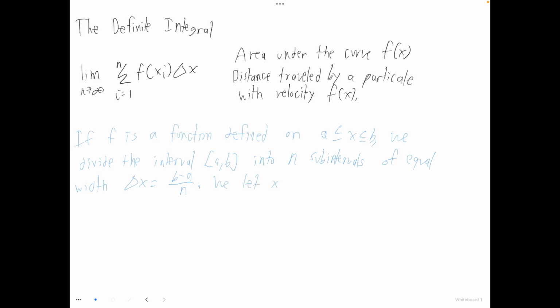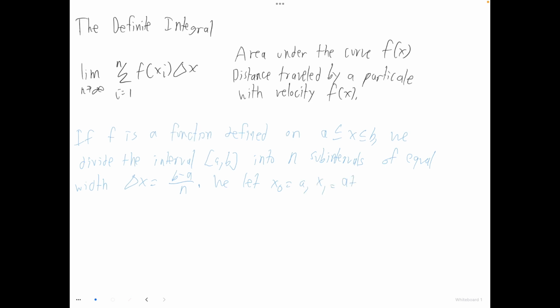We let x0 be a, x1 is equal to a plus delta x, and so on up to xn is equal to b.